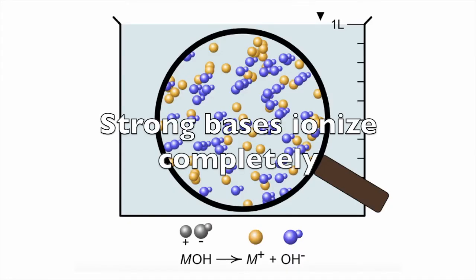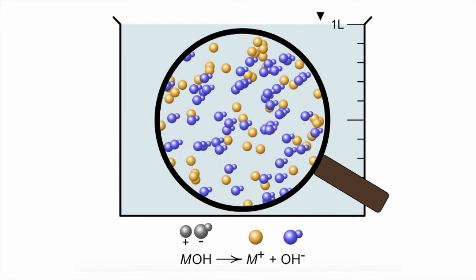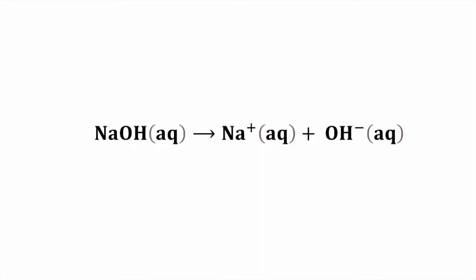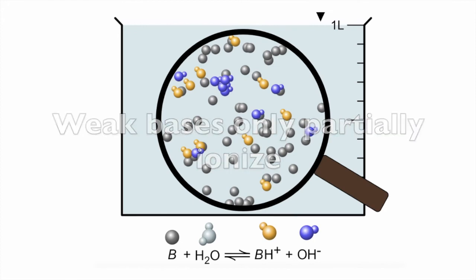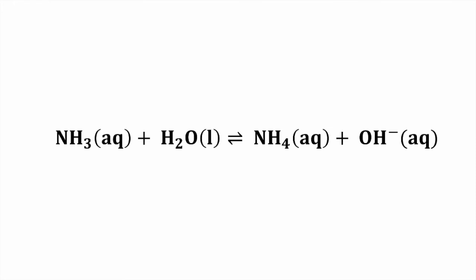Now for bases, strong bases ionize completely in aqueous solution. For example, sodium hydroxide will break into sodium ions and hydroxide anions. Weak bases only partially ionize. You often get a dynamic equilibrium.